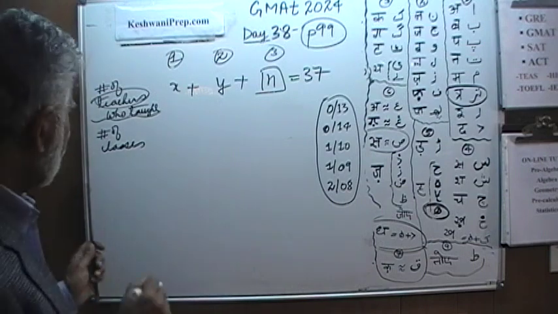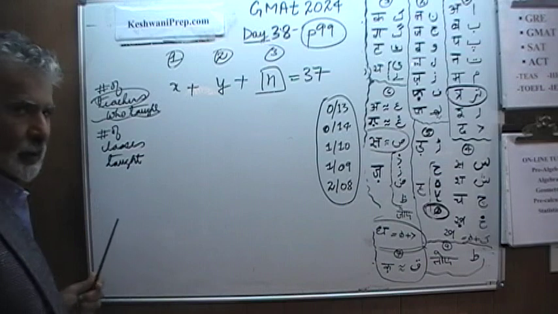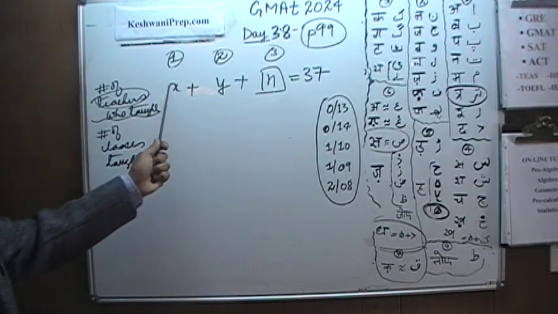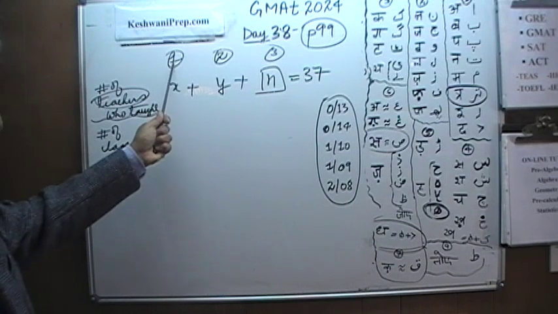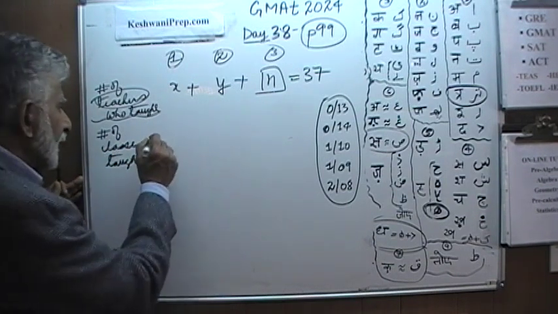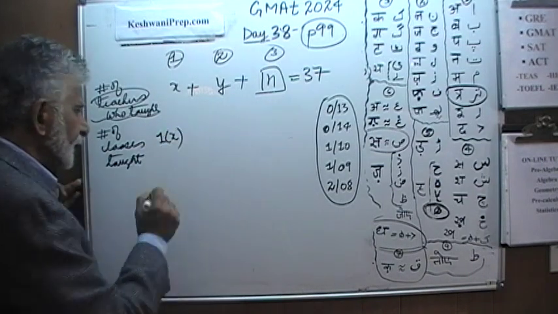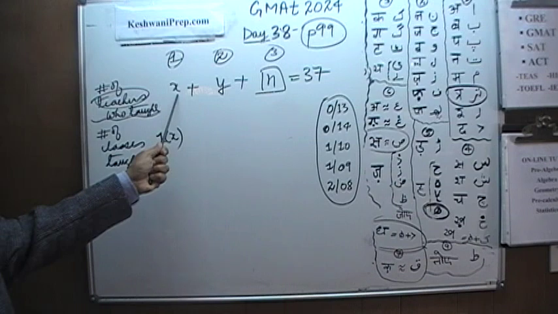Number of classes taught. If x represents the number of teachers who taught 1 class, then 1 times x must represent the number of classes taught by these teachers. Makes sense?